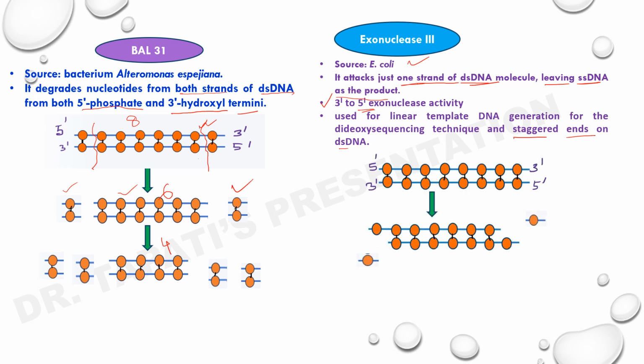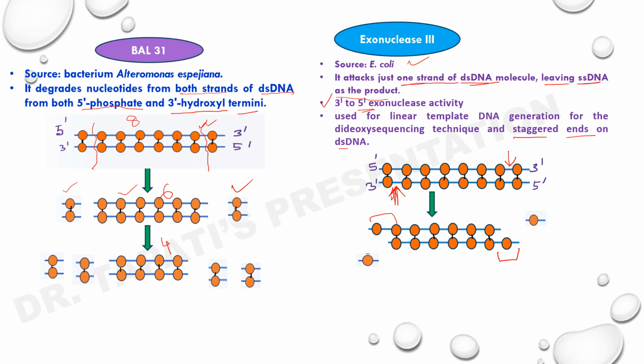Now, if you see this figure, you can find out that due to the action of exonuclease 3, two staggered ends are produced because this enzyme is acting from the 3' end. That means this is one cutting position and this is another cutting position.